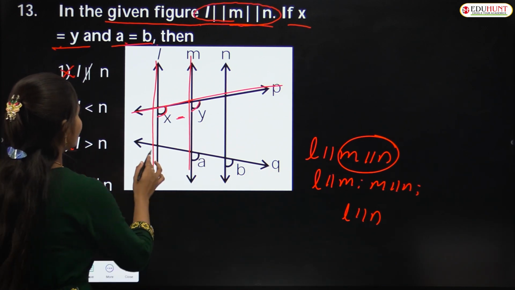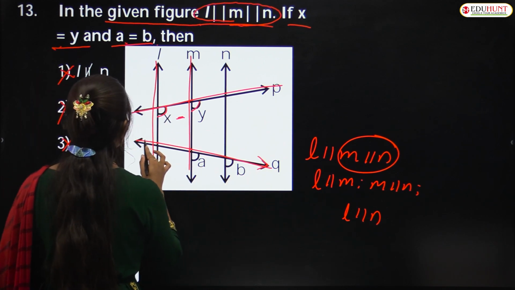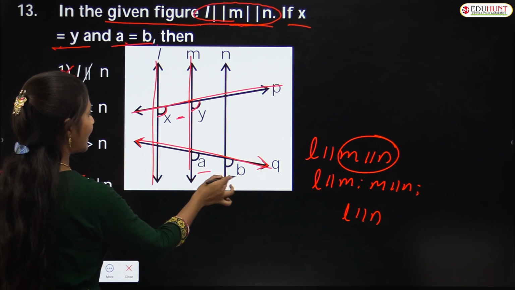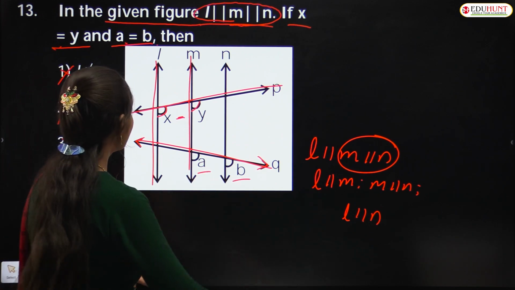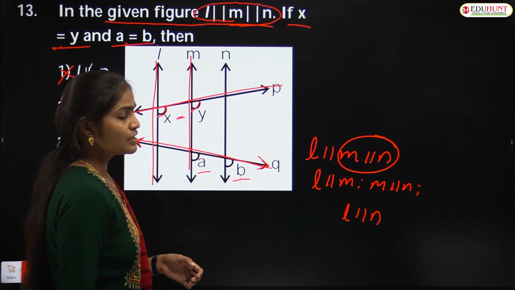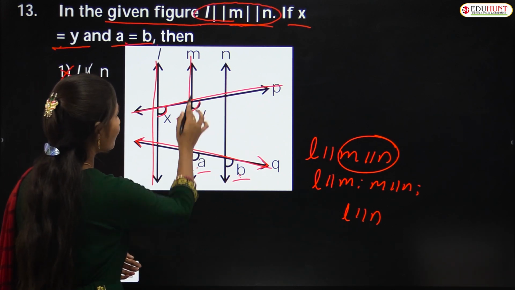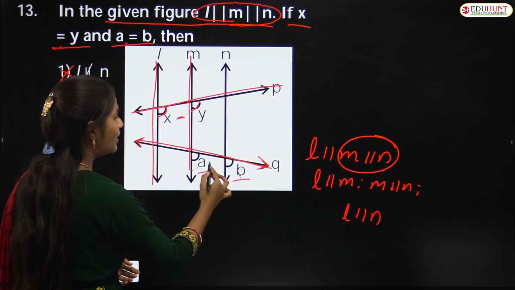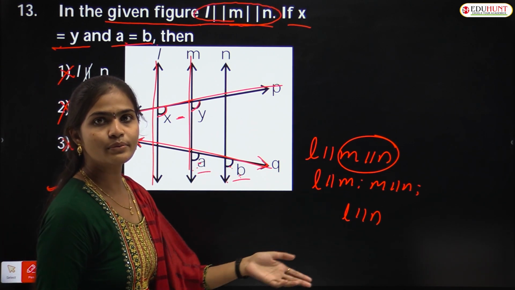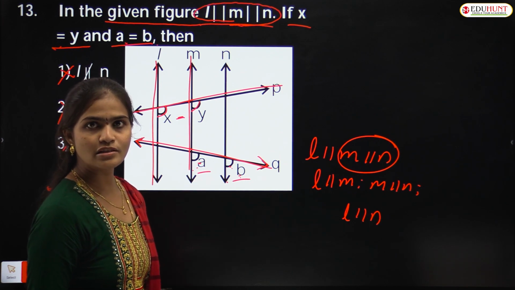Next, in the same way, those two lines are parallel. When you observe angles A and B, A is formed at line M and B is formed by line N. So A is equal to B means if M is parallel to N, then A and B are corresponding angles, right? That's why A is equal to B. So that condition is also satisfied.